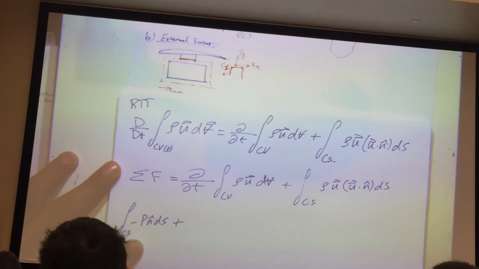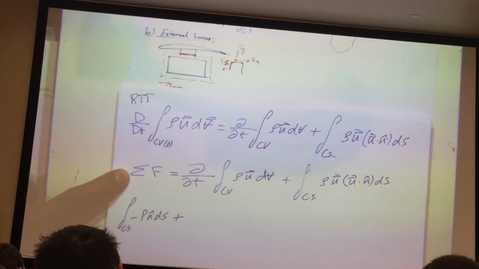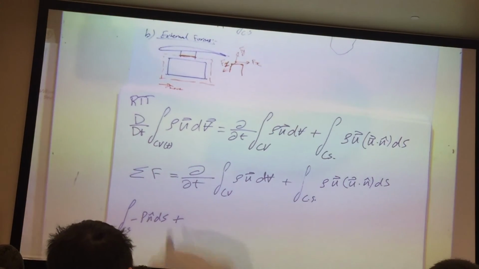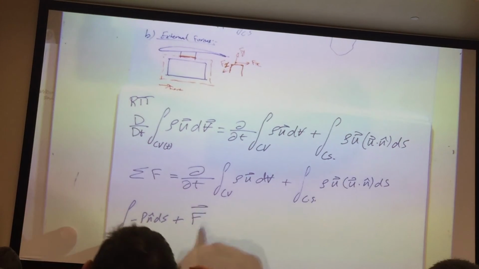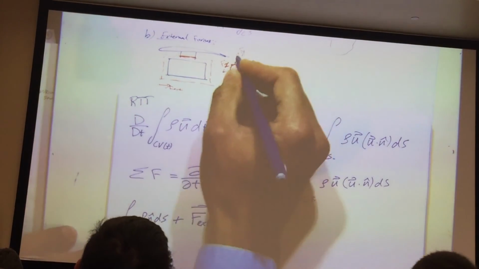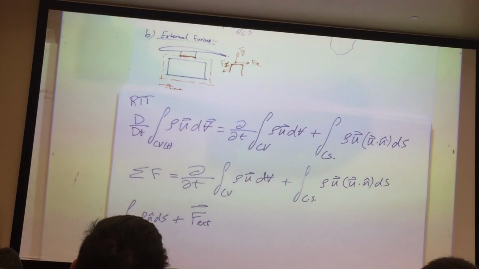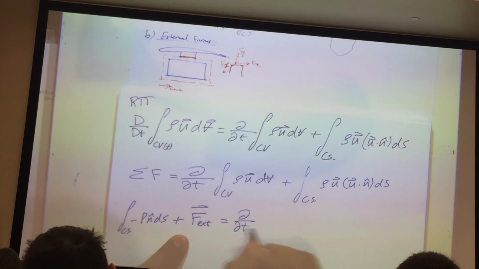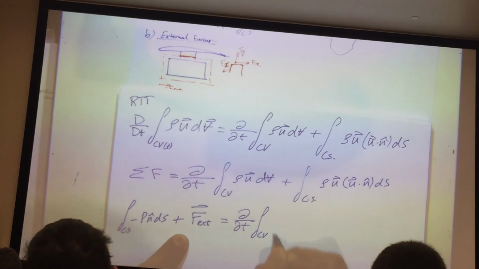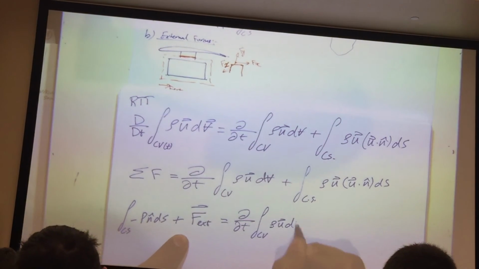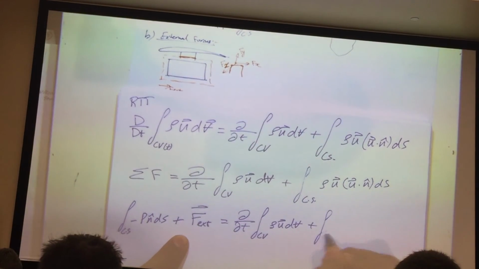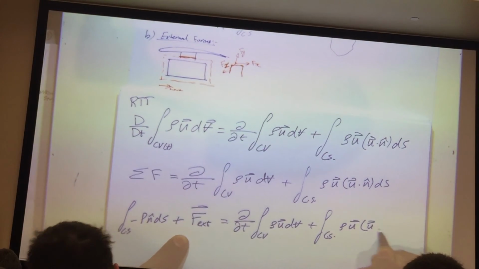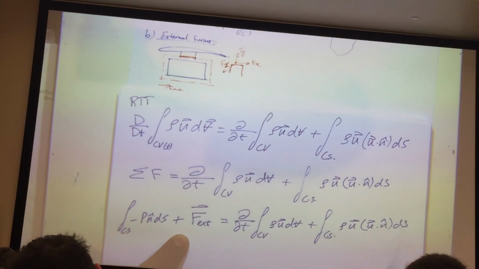plus, what am I missing? What is another force? It's an external force, right? So I'm going to decompose it into a vector-based term, which could have three components, but it's a vector force, is equal to partial derivative in time of the control volume integral of rho u d volume plus the control surface integral of rho u u dot n ds.